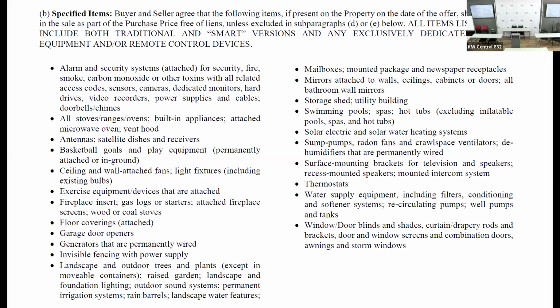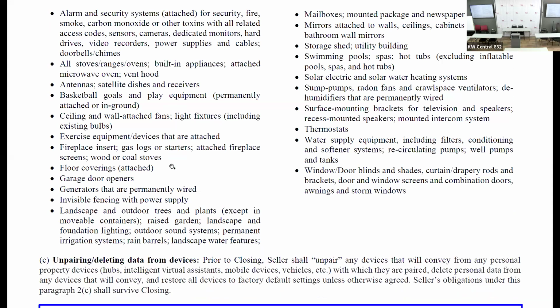When I get to this part, I just say, Mr. and Mrs. Seller or buyer, these things in these categories here are all considered fixtures. They stay if they are at the property, if they are part of the property. If not, we don't need to worry about it. It's not applicable. That's the way I explain it.